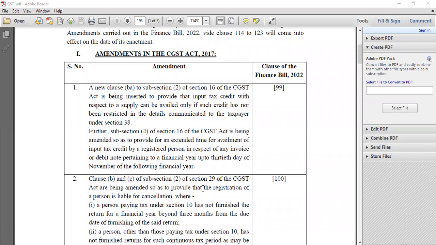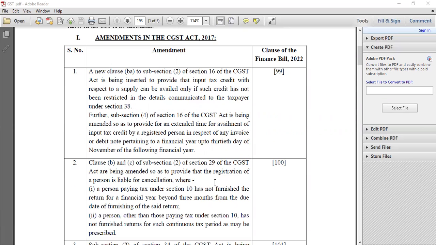Then section 29, which deals with registration under GST. Here in section 29, subsection 2, clauses B and C have been amended.